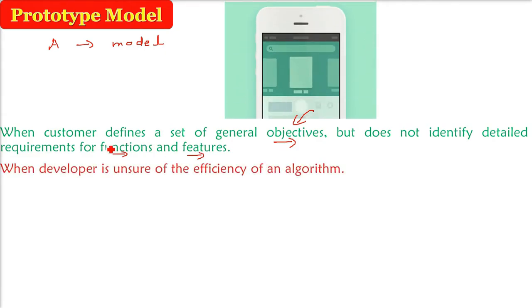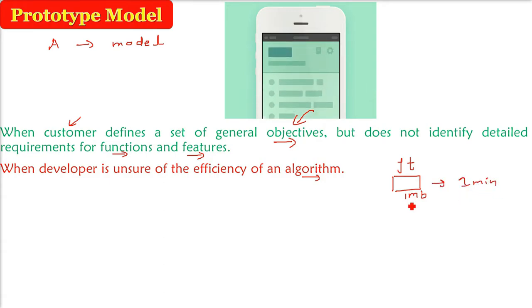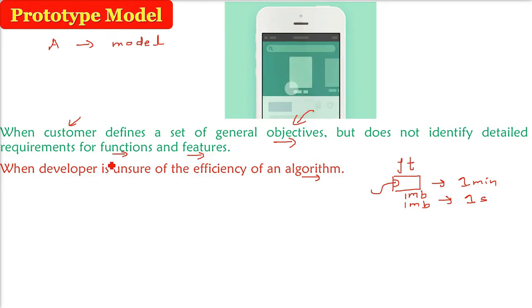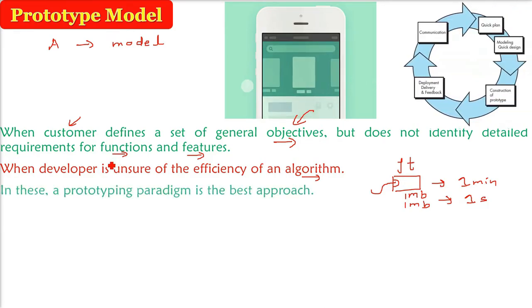This is pertaining to the customer. But the developer also has certain issues, as the algorithm he has used might not be efficient. For example, file transfer. Say a 1 MB file he is transferring in 1 minute. It is highly likely that for this 1 MB there are algorithms that can take a second or a millisecond. So the developer is very unsure about the algorithm he'll be using, whether it is efficient or not.